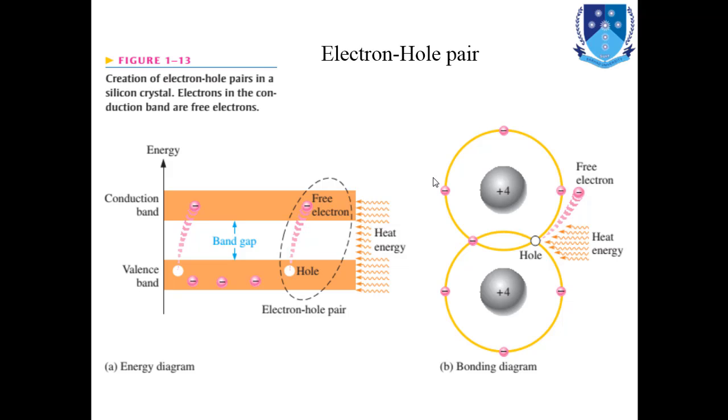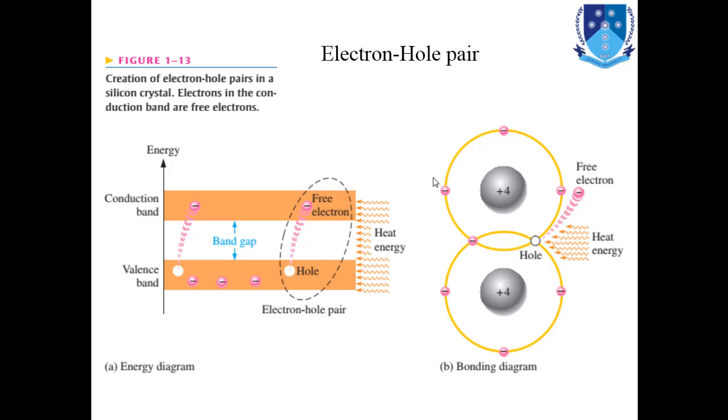By gaining heat energy from our environment, some of the valence electrons jump into the conduction band and become free electrons. These free electrons leave a hole or a vacancy in the valence band. This free electron and its vacancy, which is termed a hole, is known as the electron-hole pair.